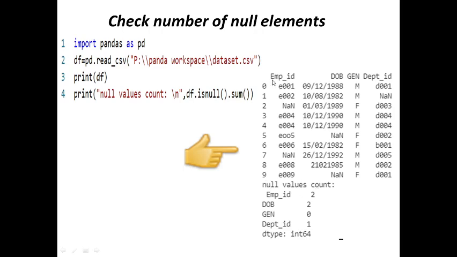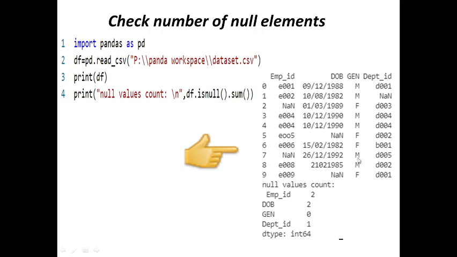So here you can see in EMP-ID column we have 2 NaN. NaN means not a number. This we have already discussed that when value in data is missing, that missing value is represented as NaN in data frame, right? So in EMP-ID we have 2 missing values because we have 2 NaN. In DOB we have 2 NaN, that means 2 missing values.